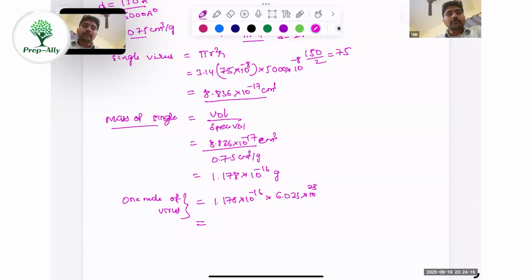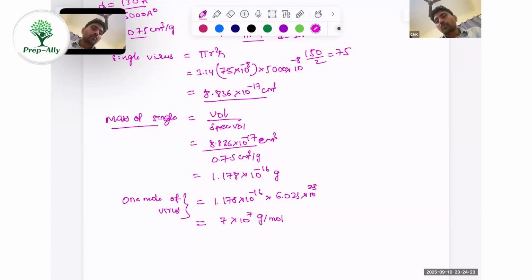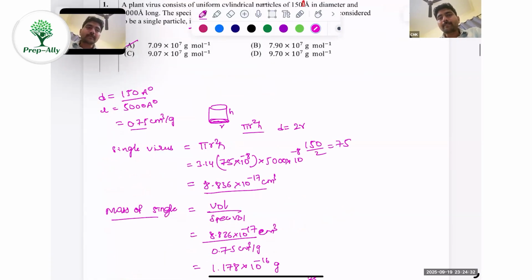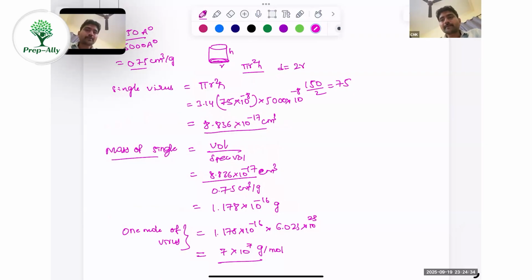So we will get the value 7 into 10 to the power of 7 gram per mole. So the value should be option A. So the answer is option A.